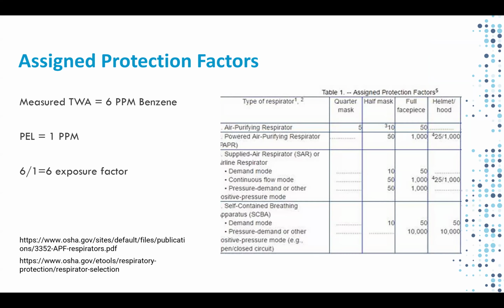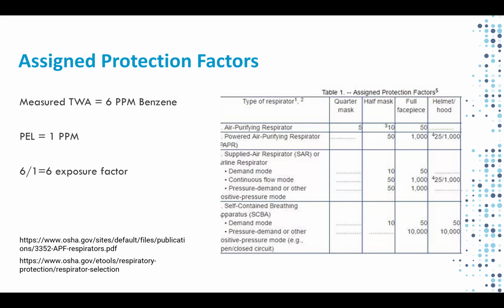This is in OSHA, kind of simply laid out, which is good, but it still can be a little bit confusing. But the way that it works on a very basic level, I don't see a lot of quarter masks used. I do see some used now. For some reason, they've sort of had a resurgence in mining, I think, in particular. So a quarter mask kind of sits on your chin and then just covers your nose.